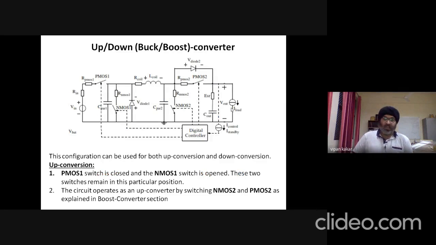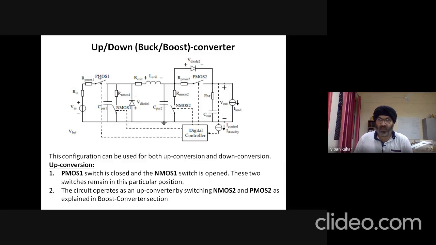So this is the practical circuit of a buck and boost converter combined together. We quickly go through these practical aspects of the buck and boost converter. Up conversion first means the boost conversion first. PMOS 1 switch is closed.